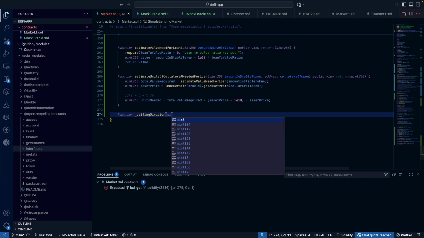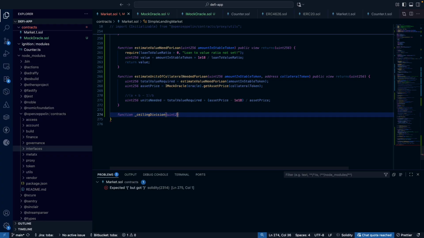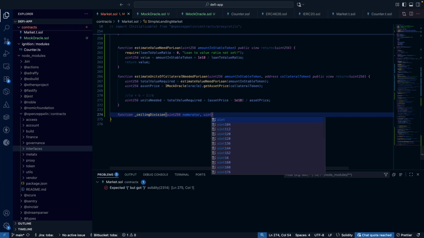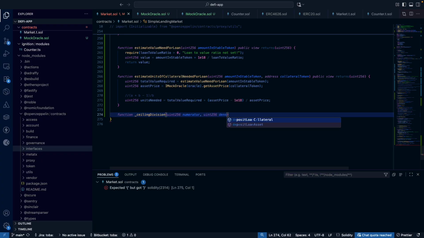And it's going to take in two values, which is the numerator, uint256, and denominator, uint256, and it's going to be an internal function, a pure function. A pure function is a function that does everything within itself, doesn't use anything externally, and returns uint256.